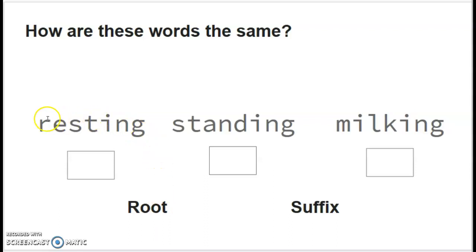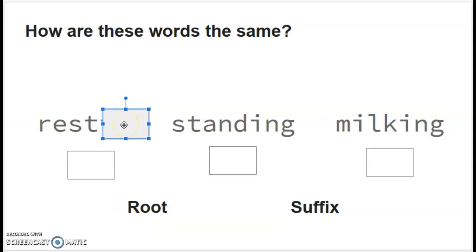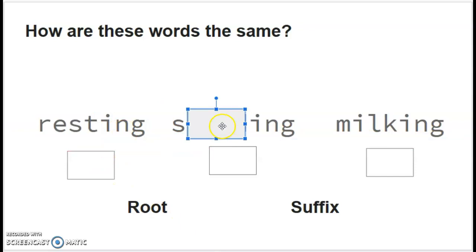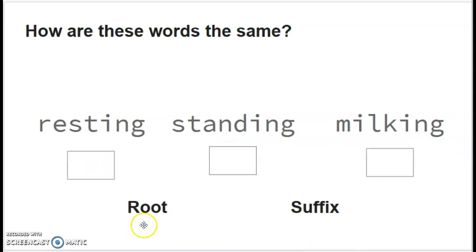If rest is the root word, that means that the ing is the suffix. The suffix goes at the end of the word. We have rest, root, ing, suffix.